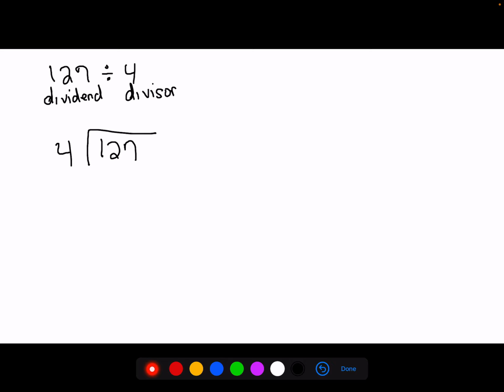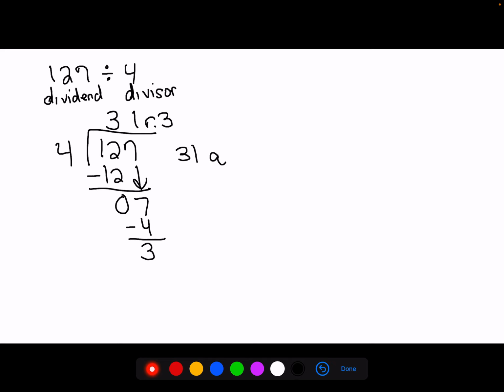So 4 goes into 12 3 times, bring down the 7. 4 goes into 7 1 time, remainder 3. So 31 is the quotient and 3 is the remainder.